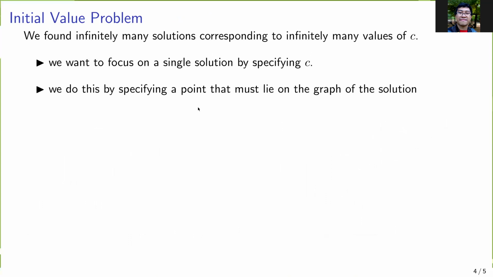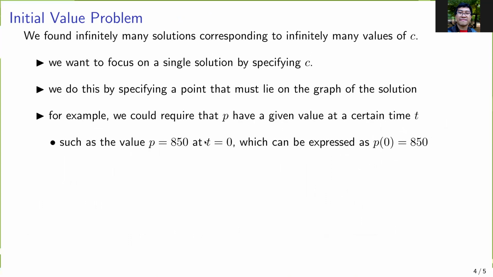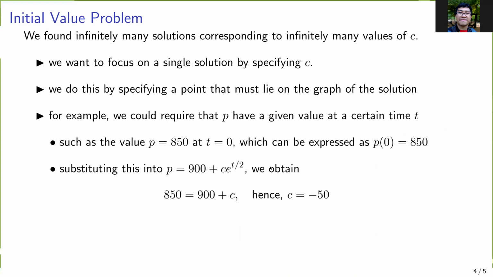Our focus is to find a single solution by specifying c. We can do that by specifying a point that must lie on the graph of the solution. For example, we could write that p has a given value at a certain time. For example, if p is 850 at time t equals 0, or expressed as p of 0 is 850, we can substitute that into p equals 900 plus c e to the power of t over 2.